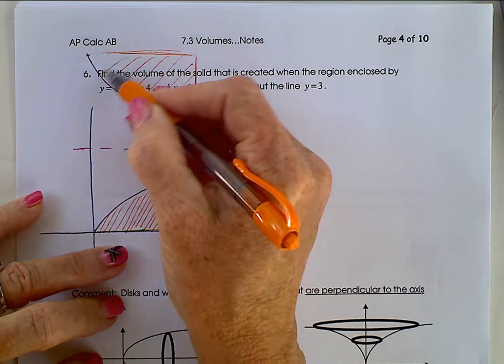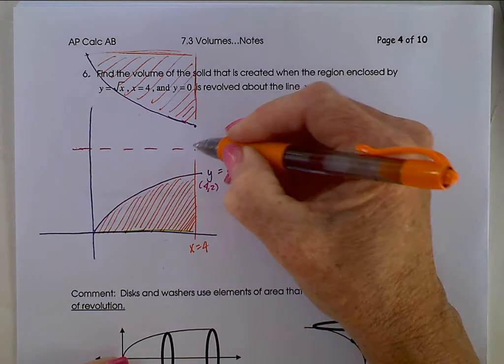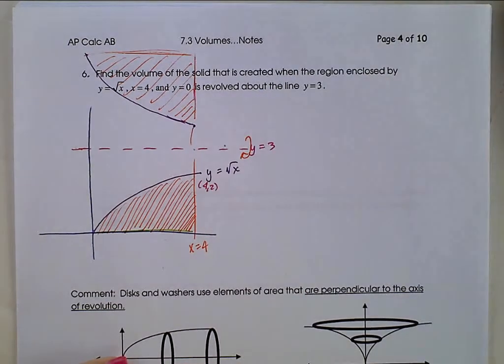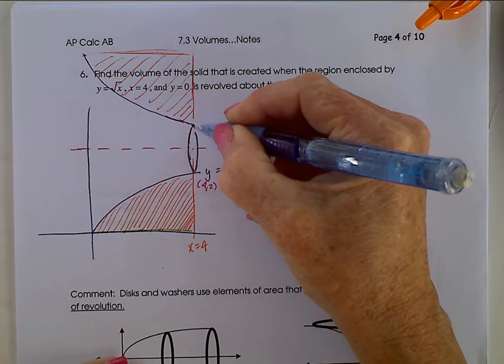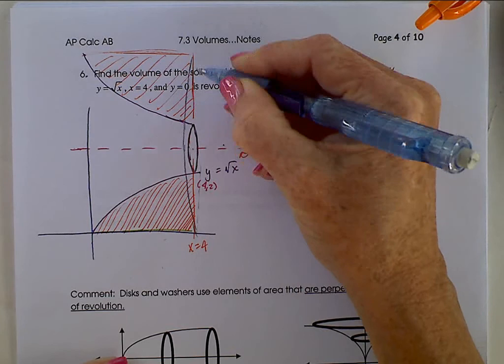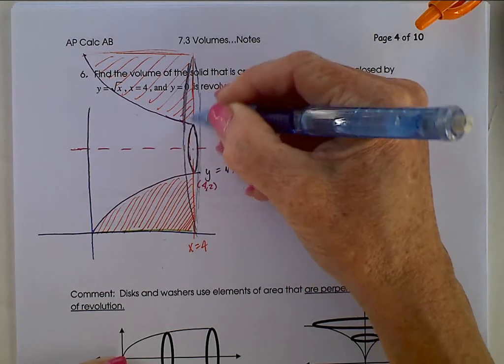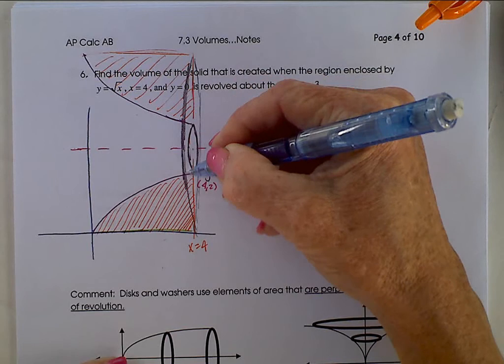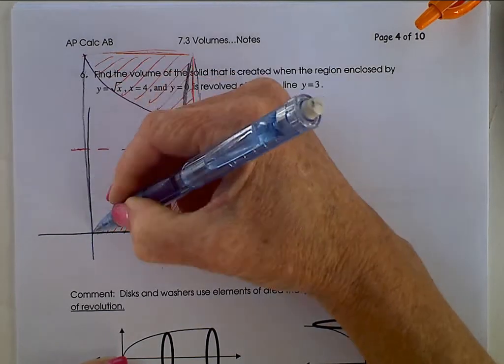We have this piece up here, and this is spinning around the line y equals 3. To put some ovals in here and show that three-dimensional nature of this. And this is spinning out this way.